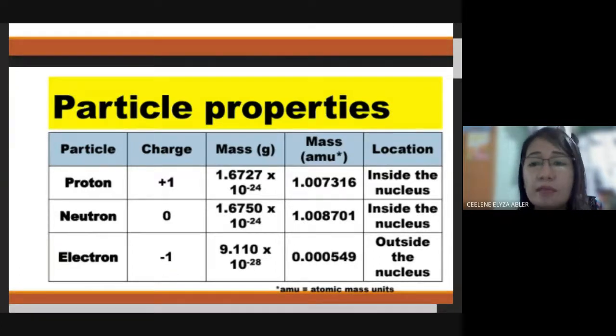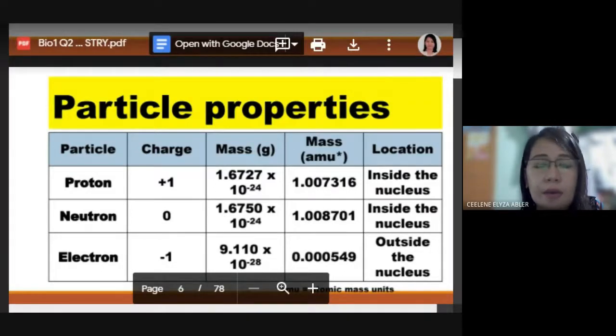They also have different masses. The heaviest are the proton and the neutron, and the lightest is the electron. The only one found outside the nucleus is the electron.